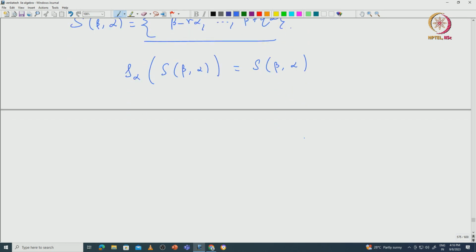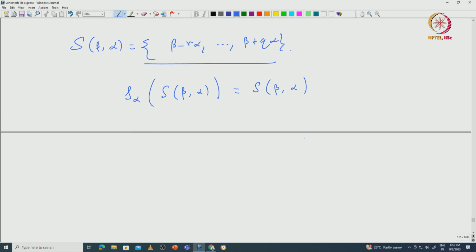Now, geometrically it is very clear that this root string will be reversed when you apply S alpha. Again, algebraically it is not hard to compute and see. When you apply S alpha on beta plus I alpha, this is going to be exactly equal to S alpha of beta minus I alpha, which is going to be beta minus the Cartan number of beta with alpha plus I times alpha.